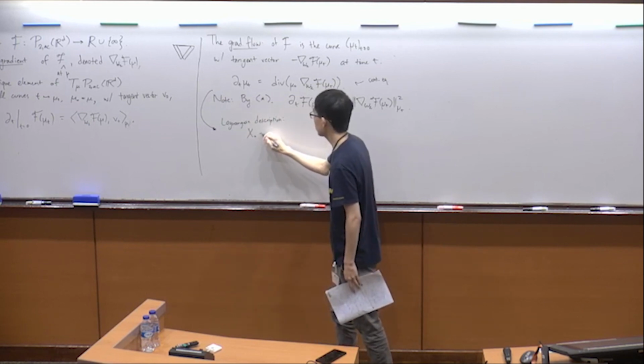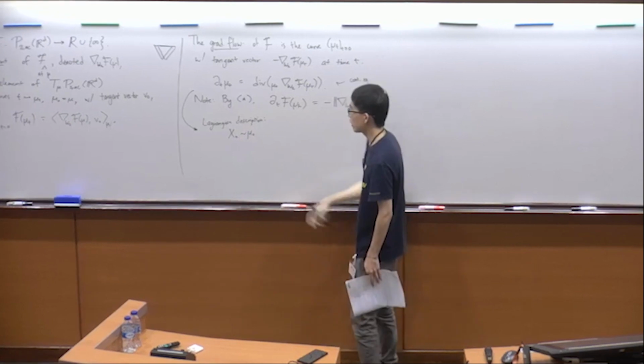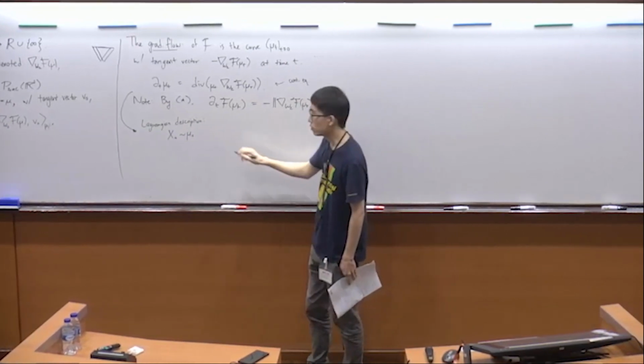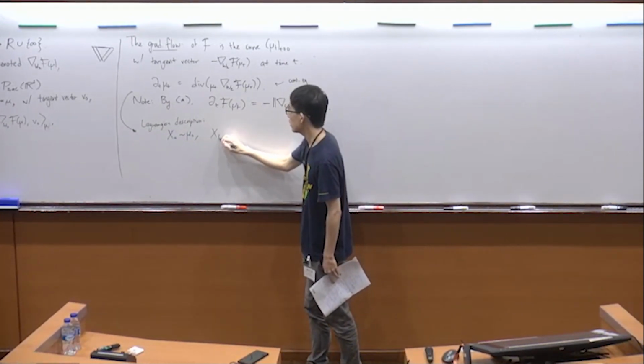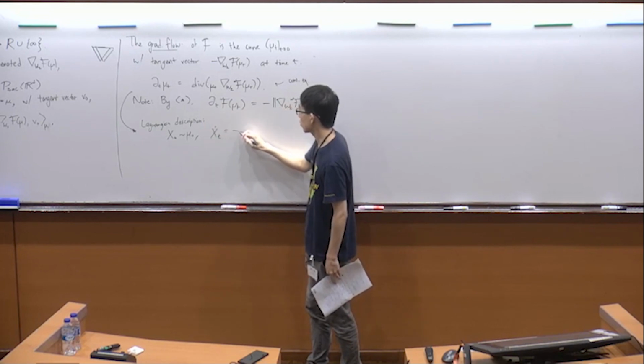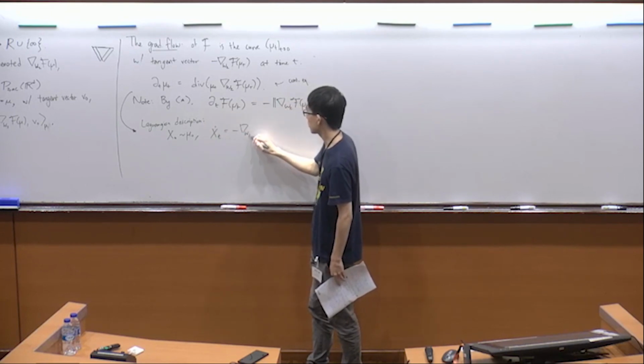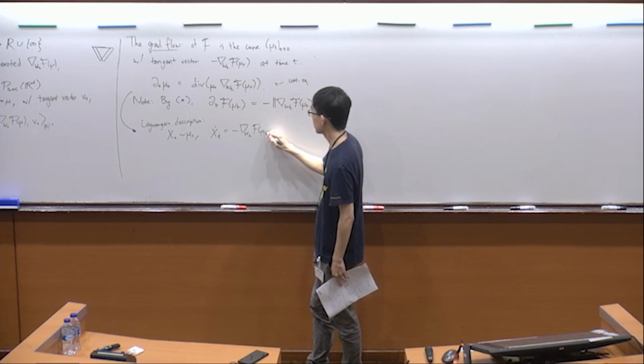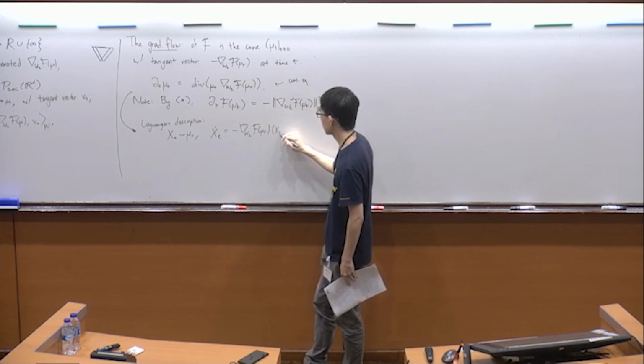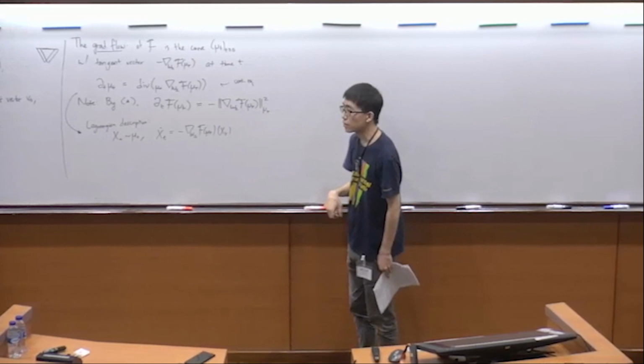I initialize my particle randomly according to the initial distribution mu0, and then I follow the ODE where xt evolves according to minus the Wasserstein gradient at xt.